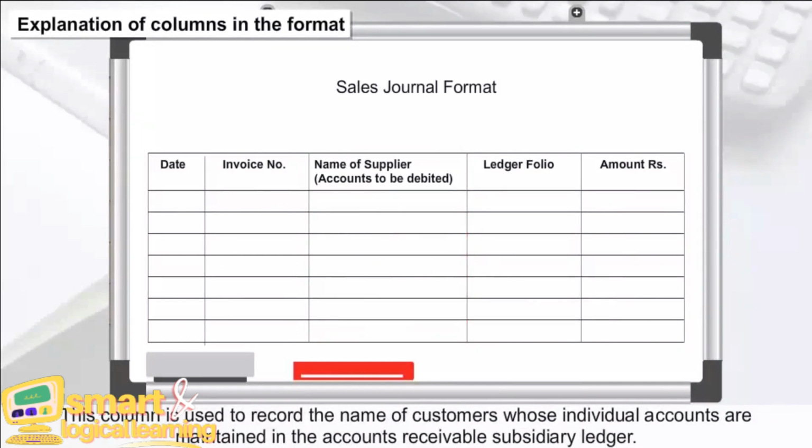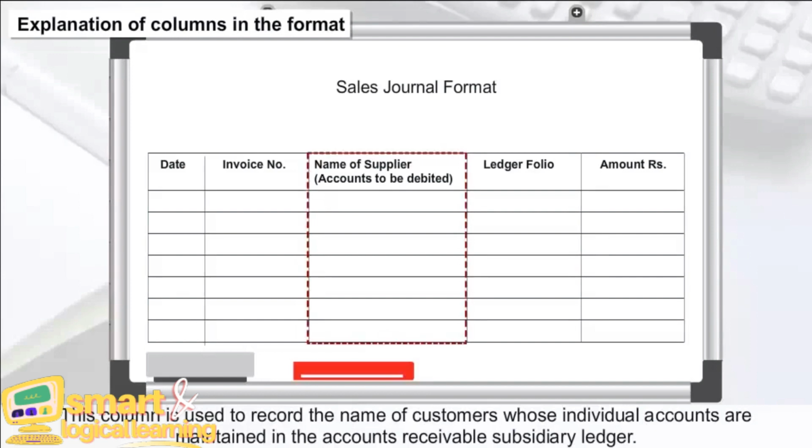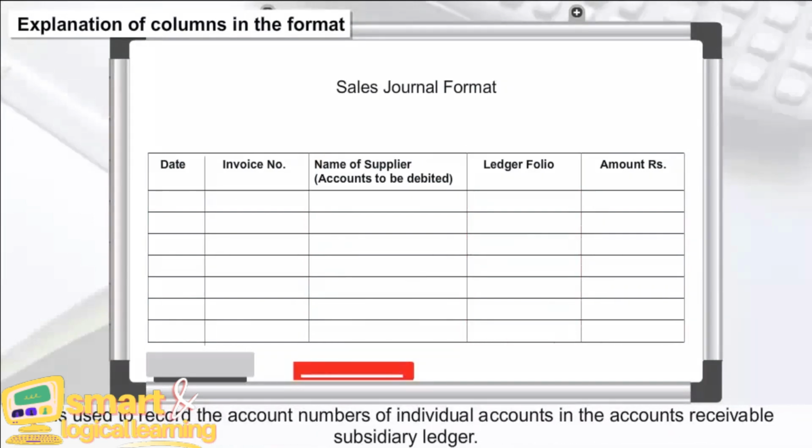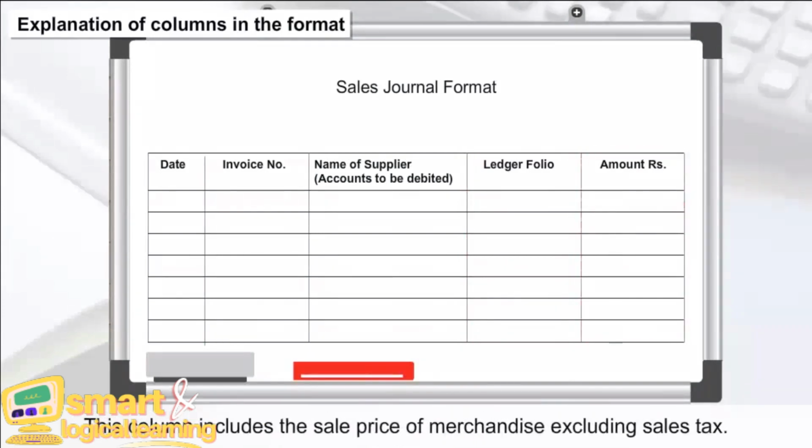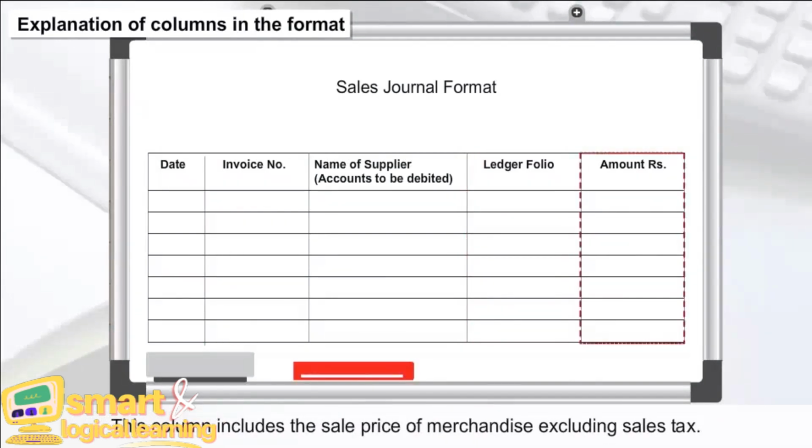This column is used to record the name of customers whose individual accounts are maintained in the accounts receivable subsidiary ledger. 4. Ledger folio. It is used to record the account numbers of individual accounts in the accounts receivable subsidiary ledger. 5. Amount. This column includes the sale price of merchandise excluding sales tax.